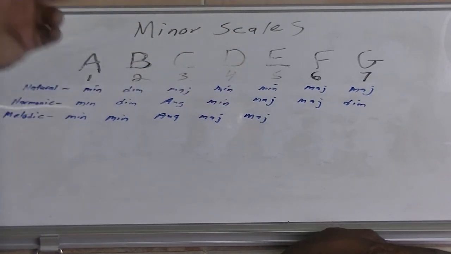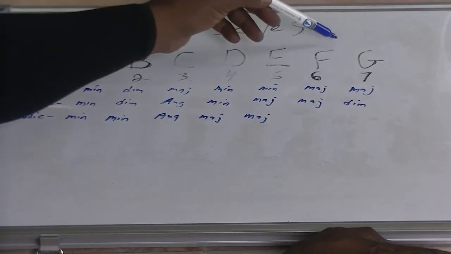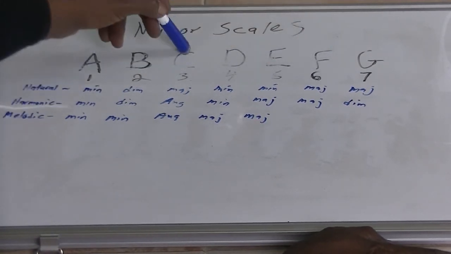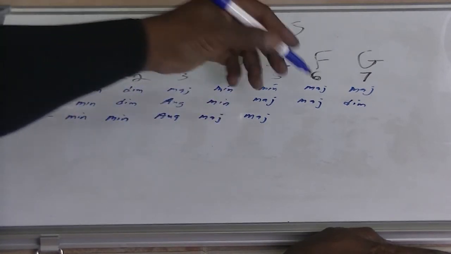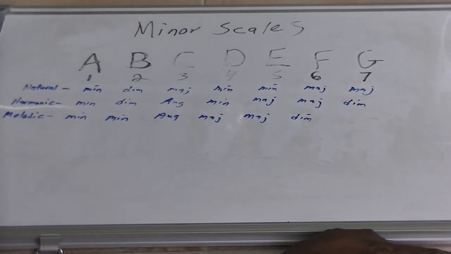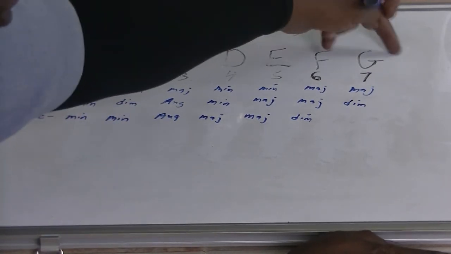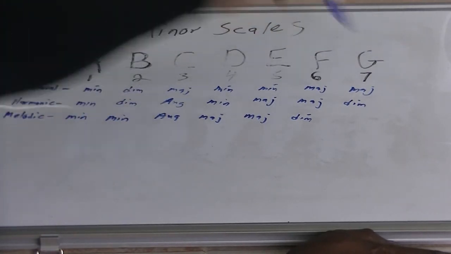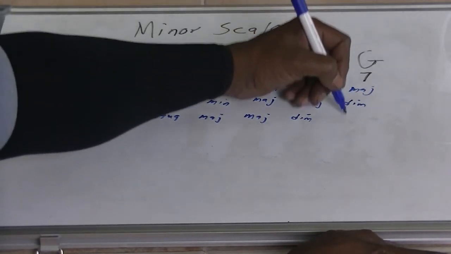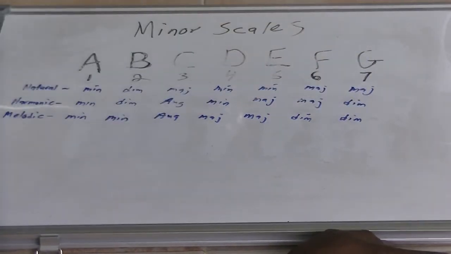Now our 6 chord, because we have F sharp here, now we have F sharp, A, and C, our 6 chord becomes diminished. And finally, our 7 chord, remember we have a G sharp here, becomes G sharp, B, and D. So our 7 chord is also diminished.